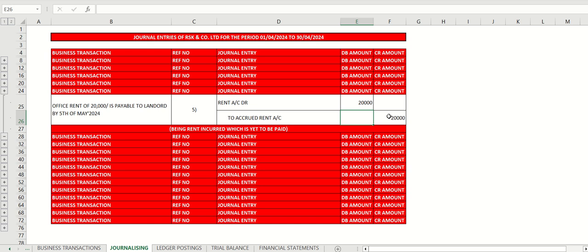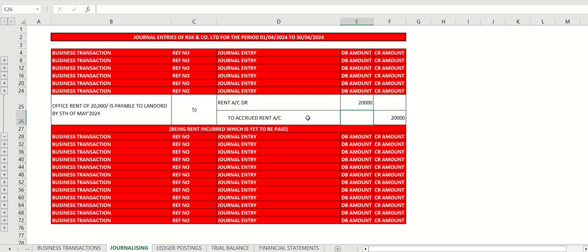Now let's move to the next phase, the ledger accounts creation phase, and try to understand which accounts are supposed to be created for this business transaction, and ensure that the entries get posted in the respective ledger accounts. Which accounts are supposed to be created?